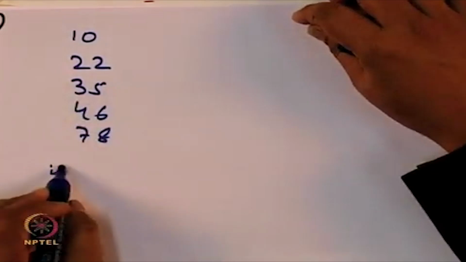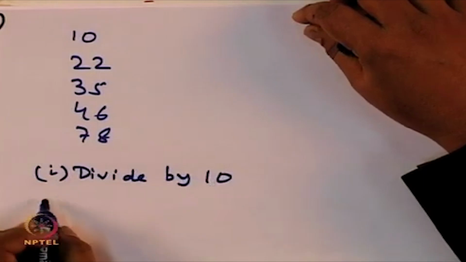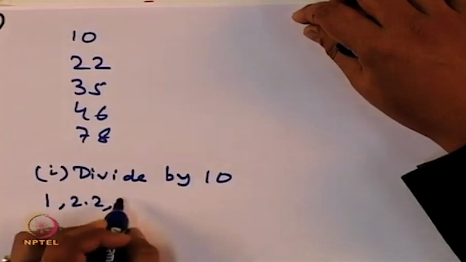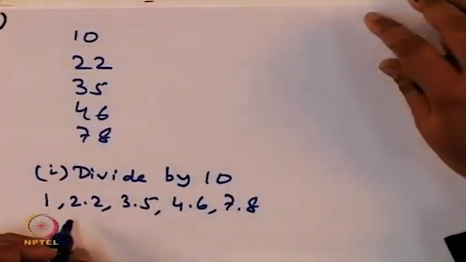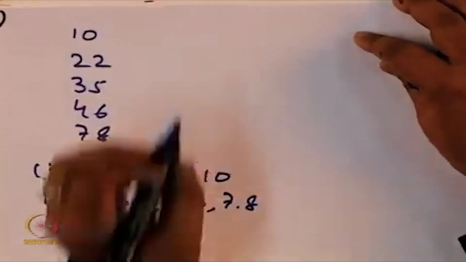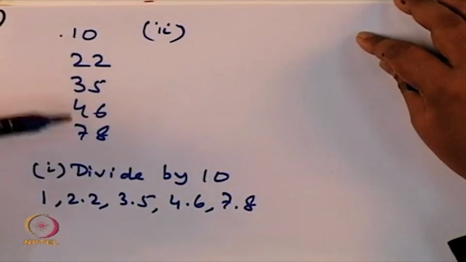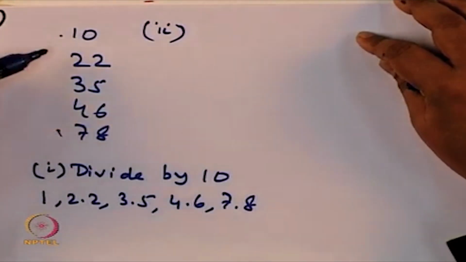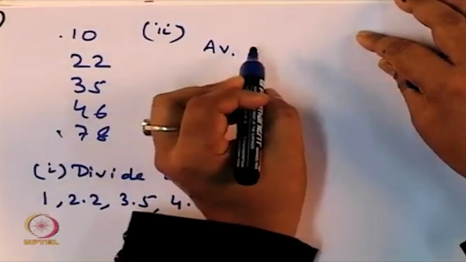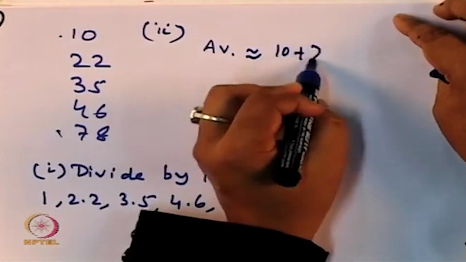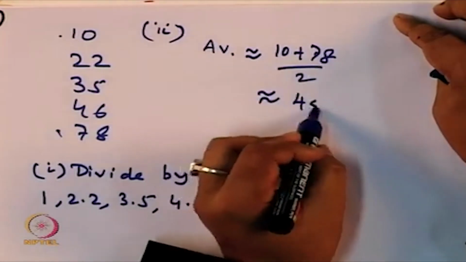One possibility is to divide by 10. Then you have the numbers 1, 2.2, 3.5, 4.6 and 7.8. These you can add up by hand very easily. The second possibility is to identify the smallest number, which is 10, and the largest number, which is roughly 80, so the average is roughly 10 plus 80 by 2, which is 90 by 2, so 45.